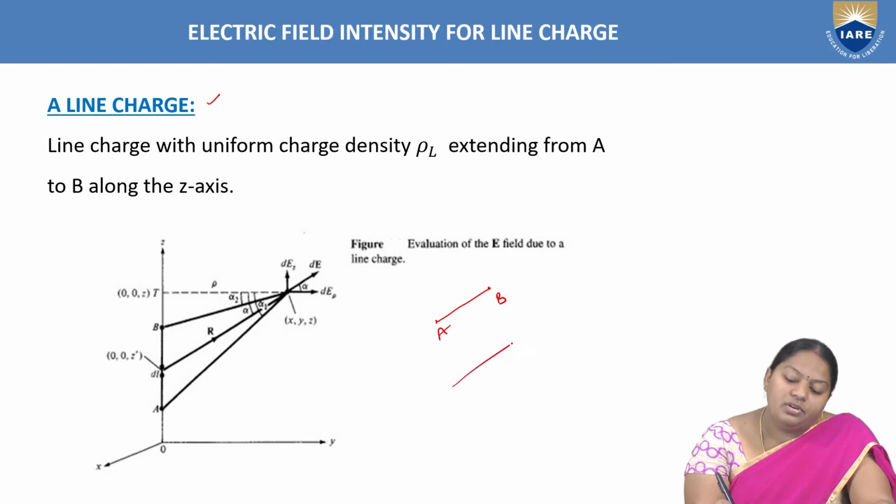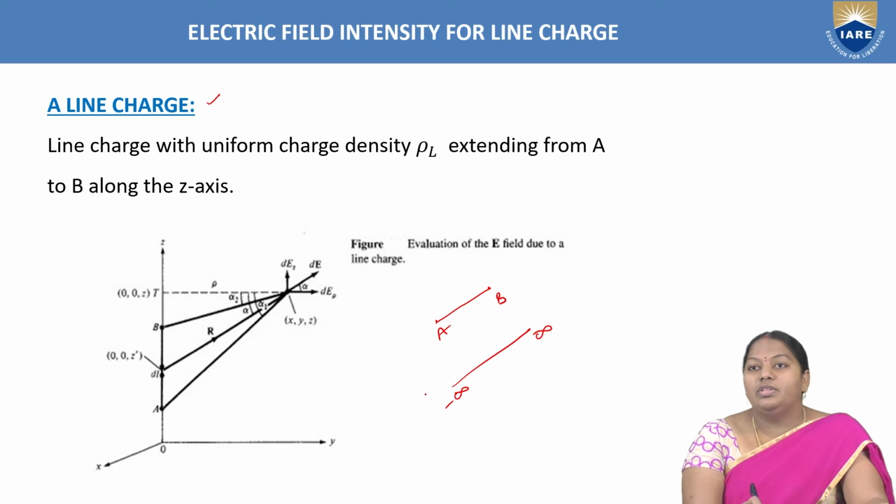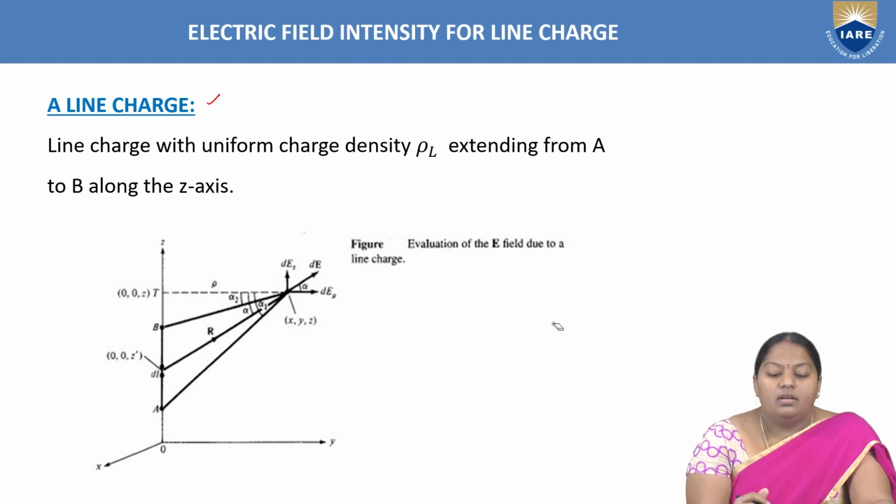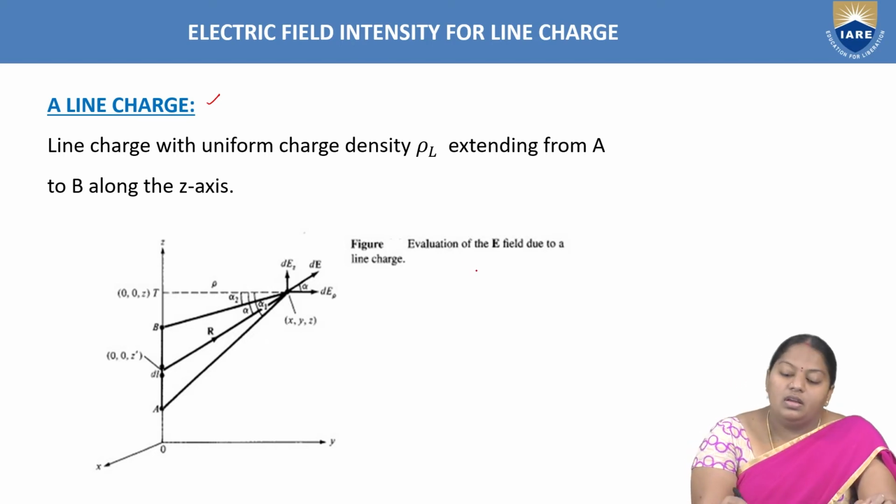If it is extended from minus infinity to plus infinity, it is an infinite line charge. We would like to find the field based upon the finite length of the conductor, and then for an infinite length of the conductor. So we will consider one simple example.